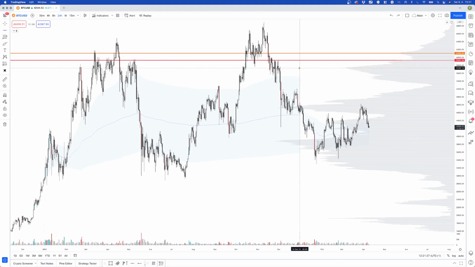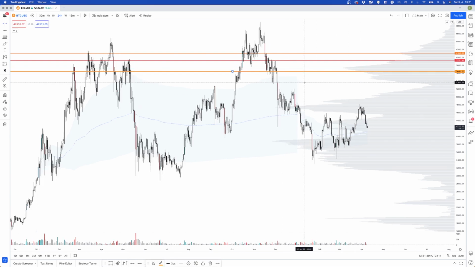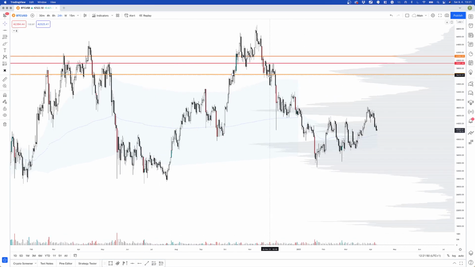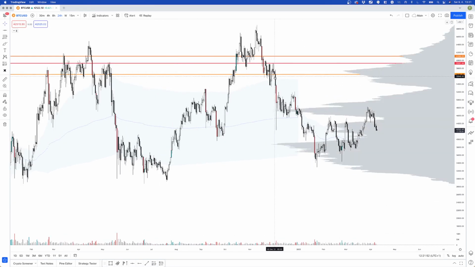Okay, next level here is the POC. This is a little bit tricky, there is nothing standing out to me too much. You can move this quite a bit and you will have this little bit of a daily cluster here, which is probably something that I would do. But also if you think about this level, you had this cluster, you sold off from it, but you tested it here with this wick.